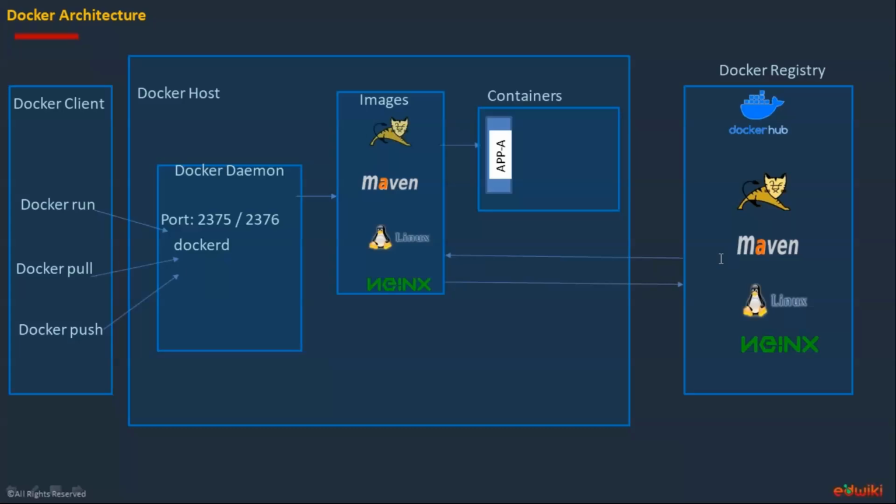It is not containing any application or any other things, correct? If I take an Amazon Linux image and run a container, do you think the container will be running?